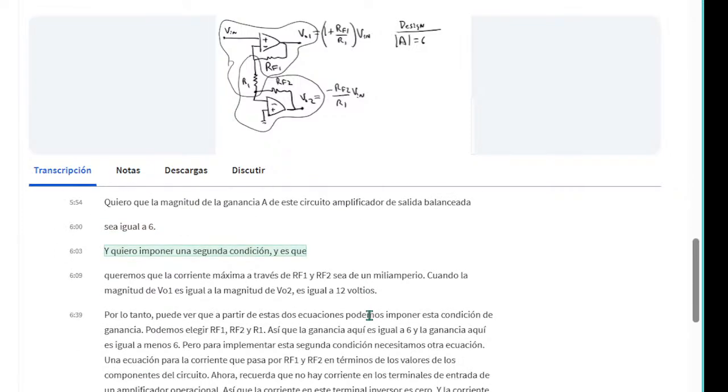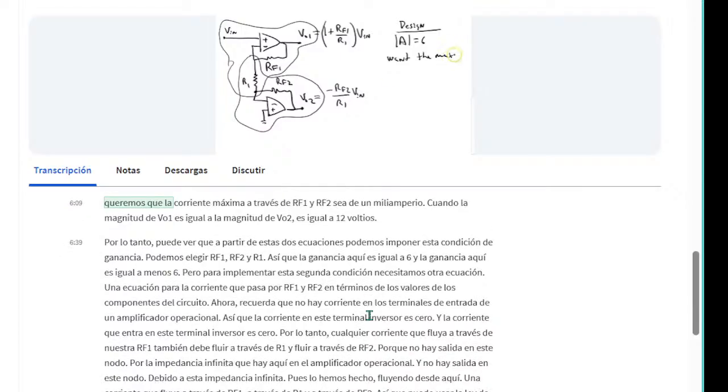And I want to impose a second condition, and that is that I want the maximum current through Rf1 and Rf2 to be 1 milliamp when the magnitude of VO1 is equal to the magnitude of VO2 is equal to 12 volts.